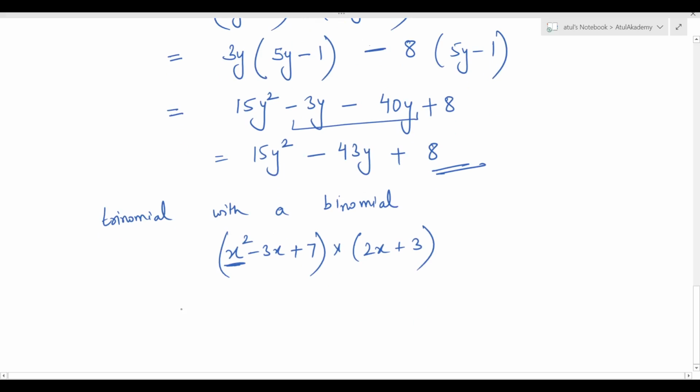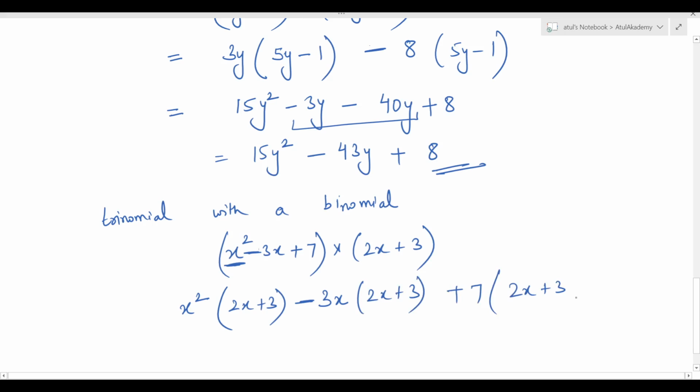Every term of the trinomial we will take and multiply with the other polynomial. So whenever you have any number of terms, you take each term and multiply by all terms of the other polynomial. You have to take care of the sign. Whatever sign is written before this term, you will use that. So it's x square into 2x plus 3, then minus 3x into 2x plus 3, then it will be plus 7 into 2x plus 3.